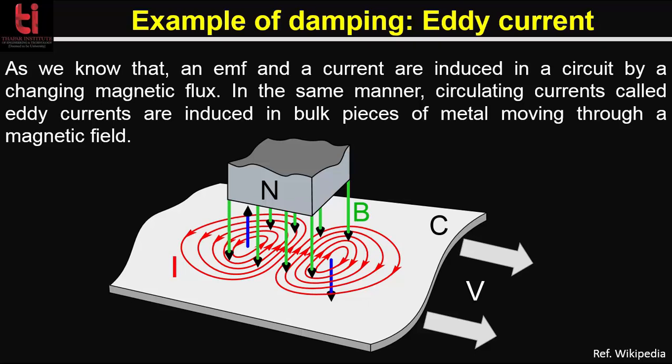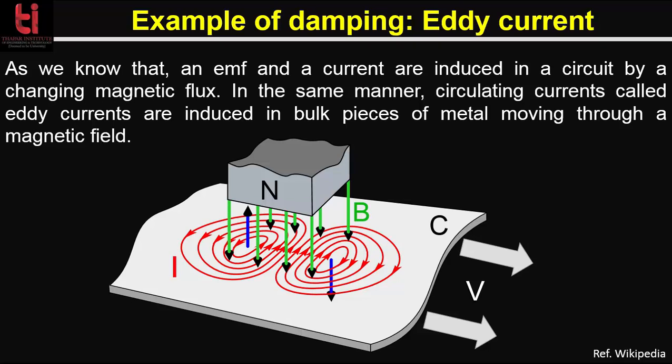Now we will talk about an example of damping, that is the eddy current. When a magnetic field moves through a conductor, the movement induces an eddy current in the conductor. If you see this diagram, it shows a metal sheet, written here as C, moving to the right under a stationary magnet. The magnetic field B, shown by green arrows, of the magnet's north pole N passes down through the sheet.